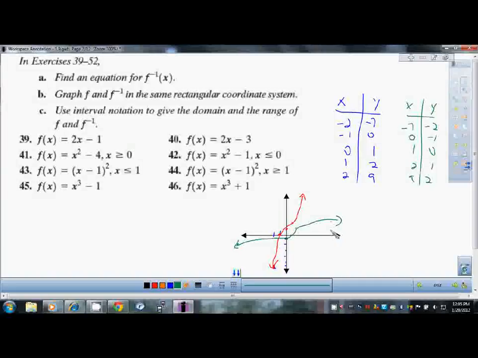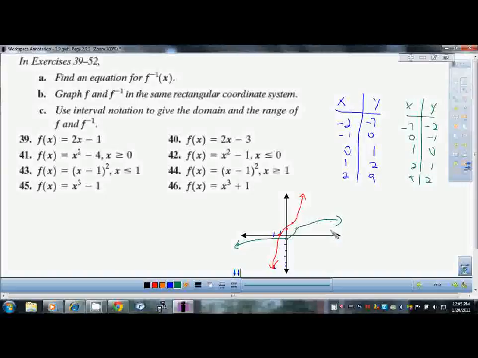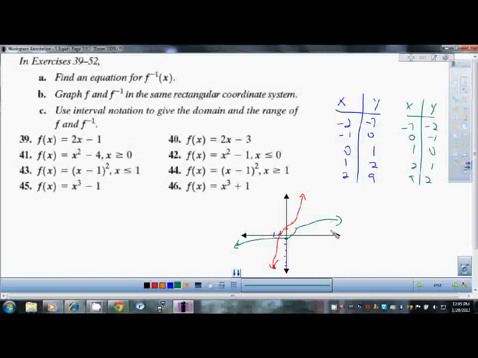That's 36. This is 42. Try to sketch 36. You're welcome to check your answer to 46 on the board.